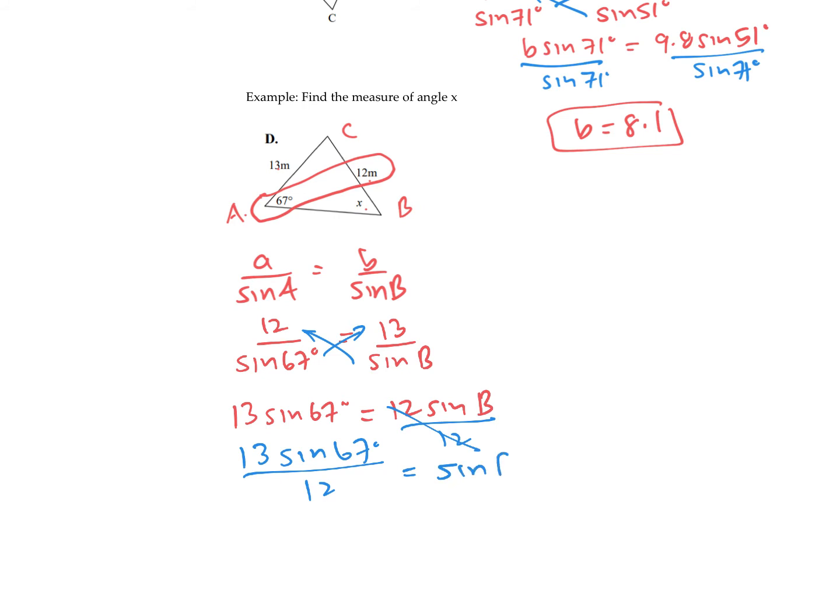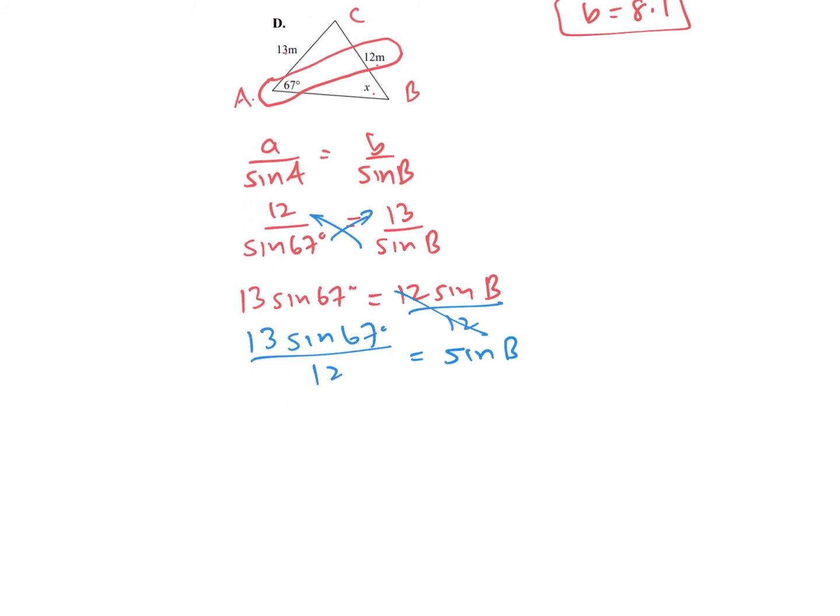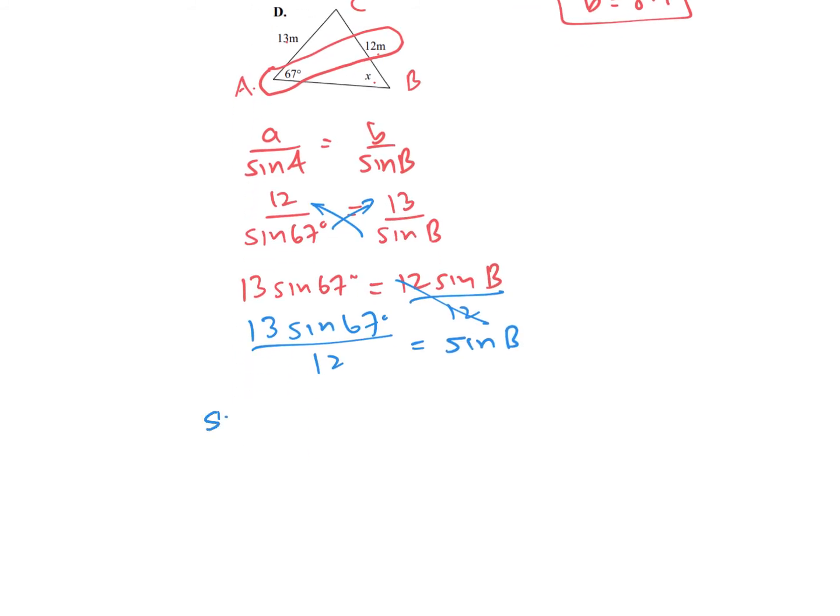That equals sine B. Keep in mind that we're looking for the angle, so we're going to have to use the inverse of this calculation. So we're going to do 13 times sine 67 divided by 12, and then we'll do the inverse of that answer to find the angle.